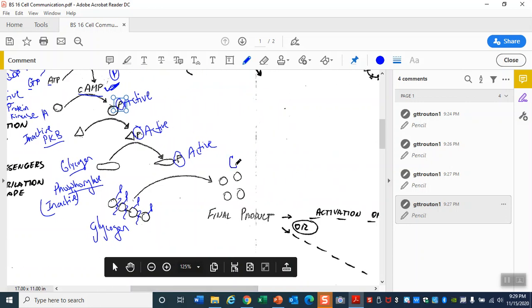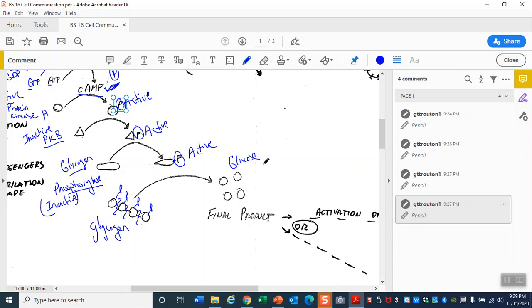So you get individual glucoses when all of this is done. And then these can very quickly go out into the bloodstream and then go off to cells that need it. This happens very quick. Fast.